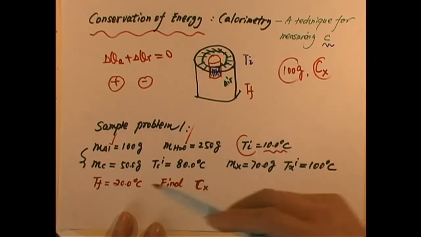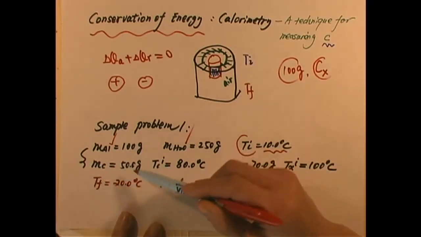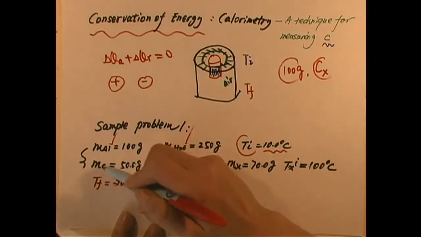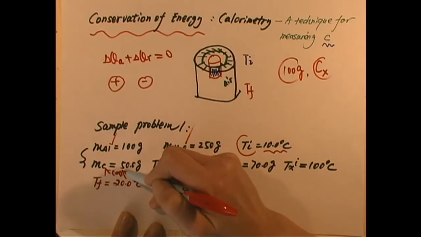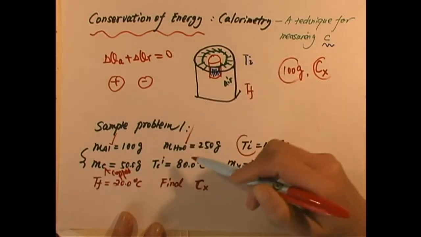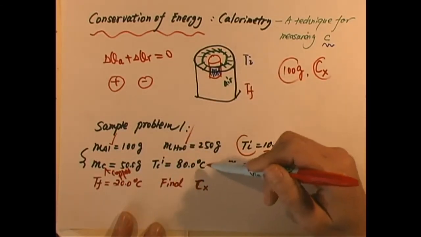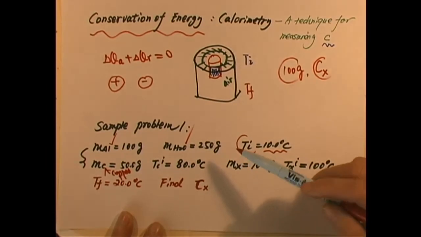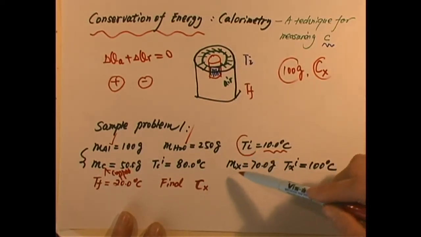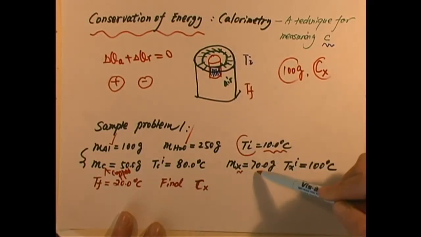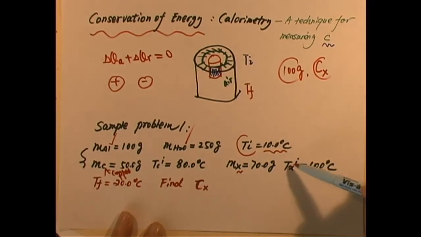Say we have 50 grams of Cu, meaning copper, and we heat it to 80 degrees Celsius. And we have something unknown of 70 grams, and its initial temperature is 100 degrees Celsius.